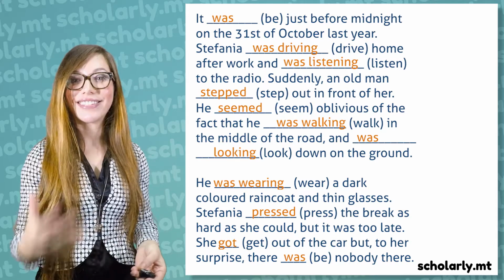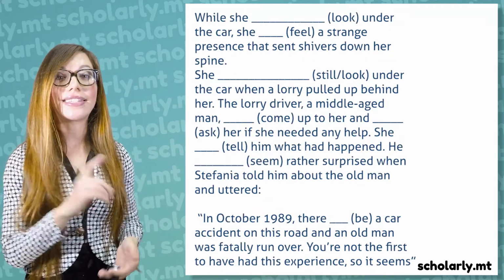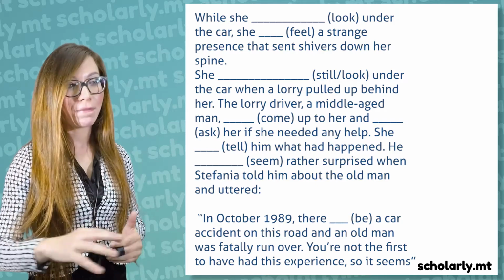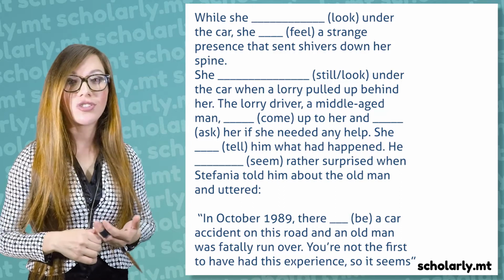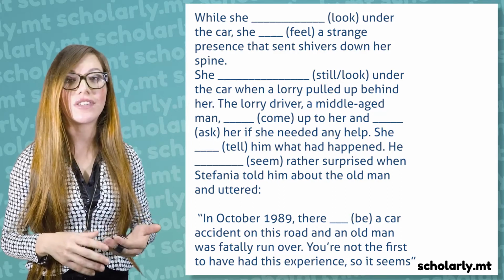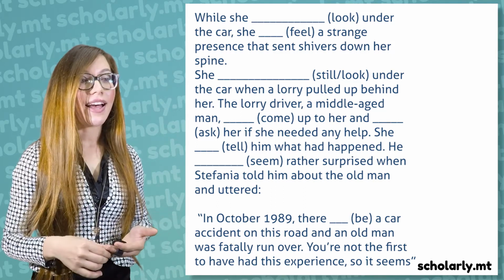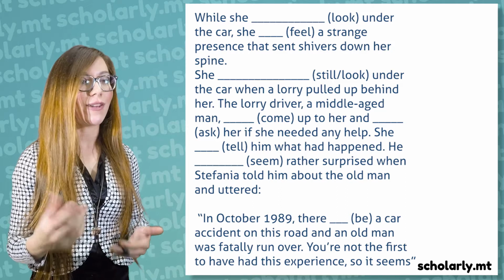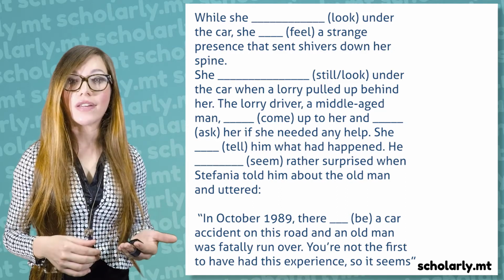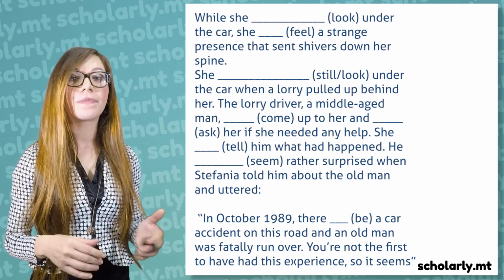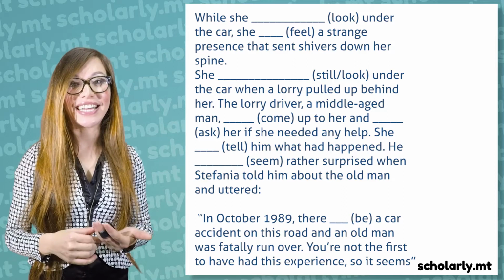Now let's look at the second part of the story. While, that's the signal word, while she, under the car, a strange presence that sent shivers down her spine. She, under the car when a lorry pulled up behind her. The lorry driver, a middle-aged man, up to her and her if she needed any help.